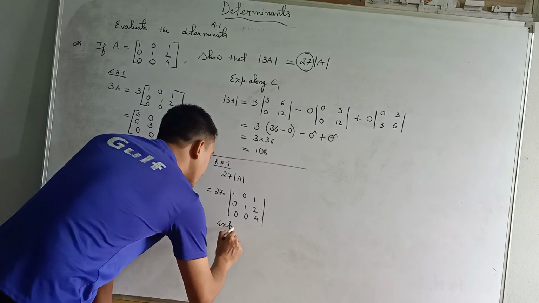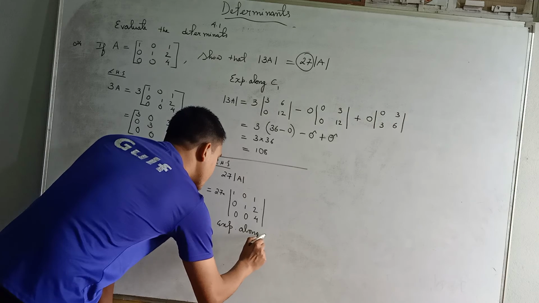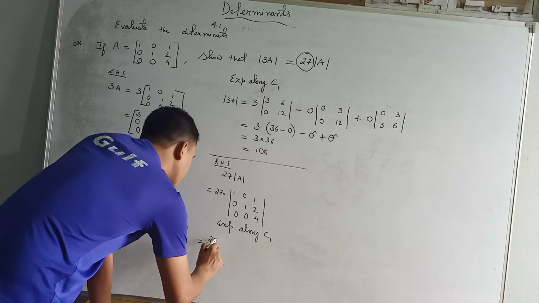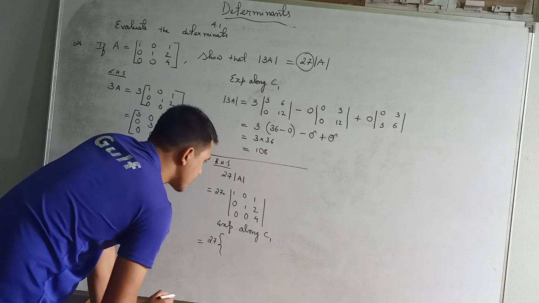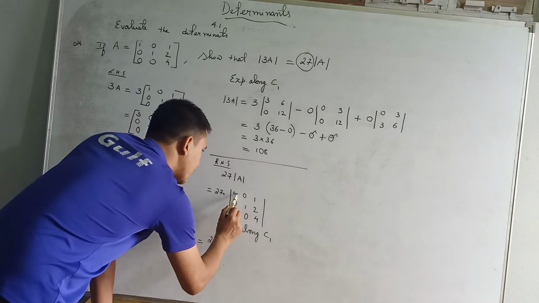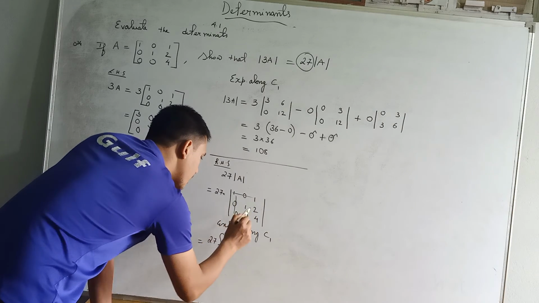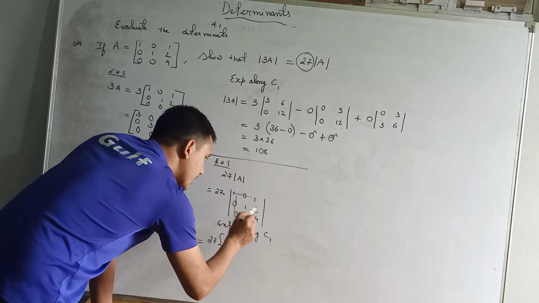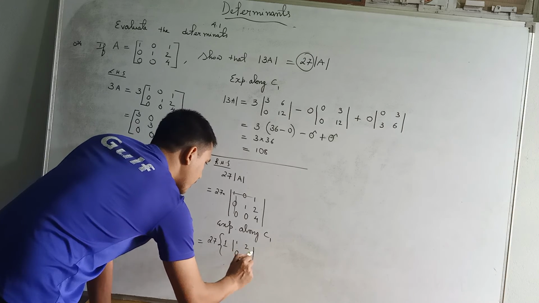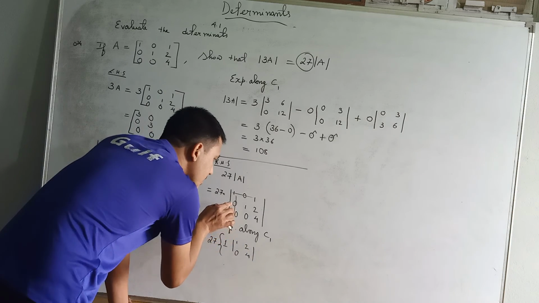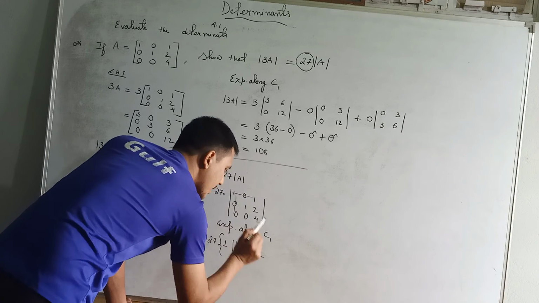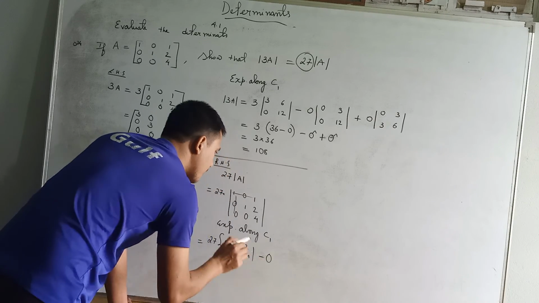So expanding along C1, shall we? So 27 times the first entry of column 1, which is 1. We neglect this row and this column, so we write the determinant of the remaining entries: 1, 2, 0, 4. The next element is 0, so we have to write minus, and the next entry is 0.